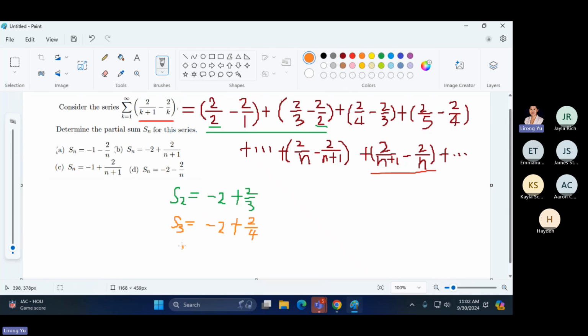You can start seeing the pattern, and you can calculate S of 4. If you are not sure which terms get canceled and which do not, remember that a telescoping series makes the middle terms cancel. We want to be sure which one remains and which one cancels with a negative term. S of 4 is the summation of the first 4 terms. The 2/2 cancels with -2/2, the 2/3 cancels with -2/3, and the 2/4 cancels with -2/4. We have the 2/5 left.